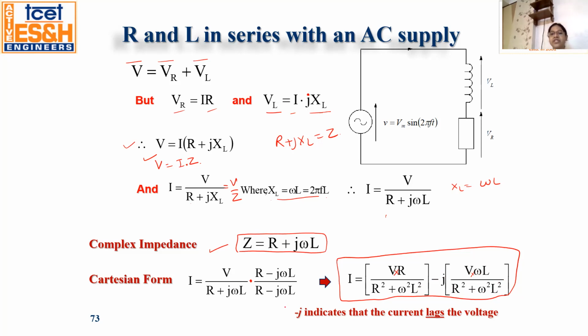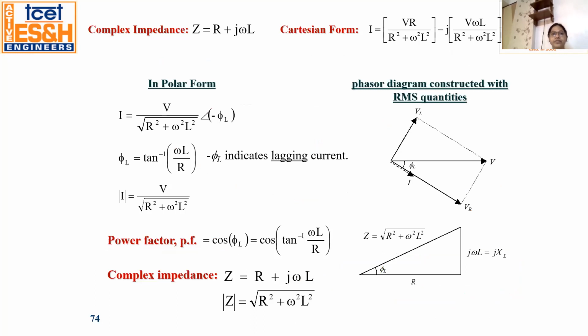So here the minus j indicates that the current lags behind the voltage.